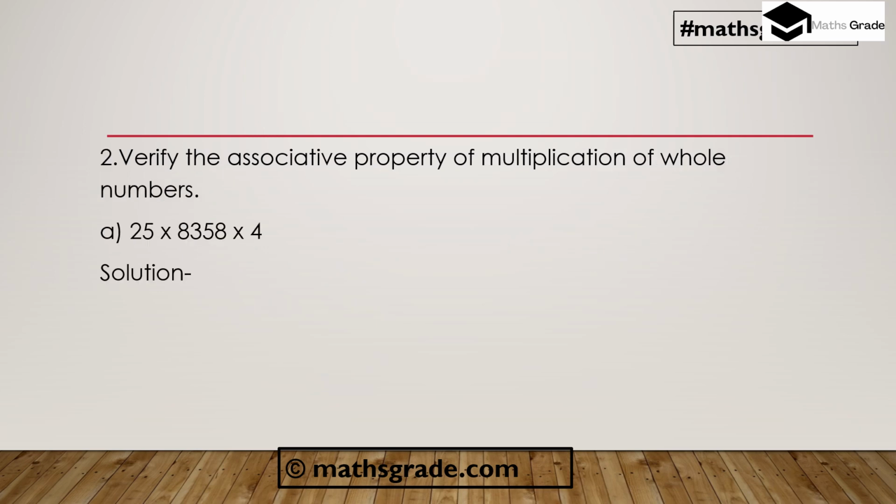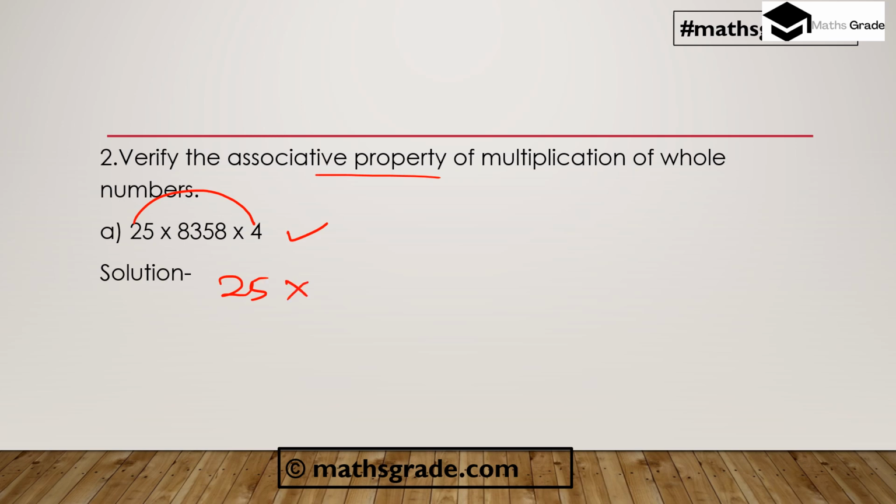Now we will solve question number 2. Verify the associative properties of multiplication of whole numbers. First we take 25 multiplied with 8358 multiplied with 4. We know 25 multiplied with 4 is 100. So we rearrange the places of 8358 and 4.